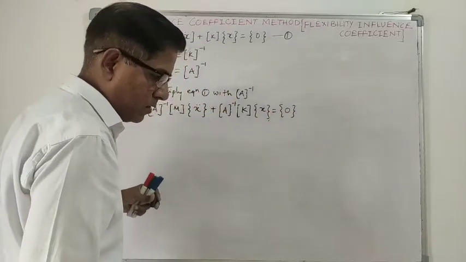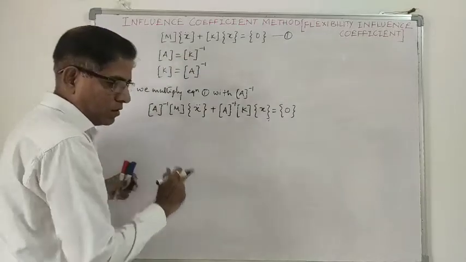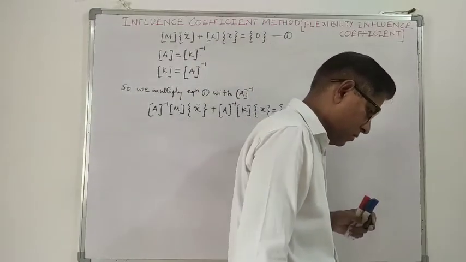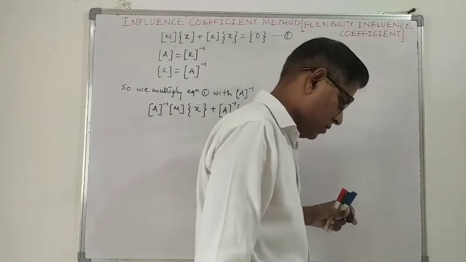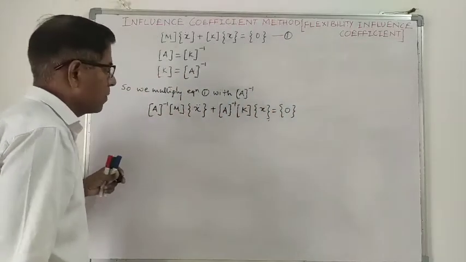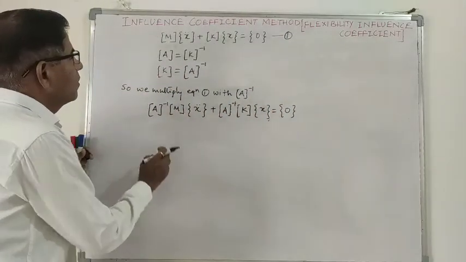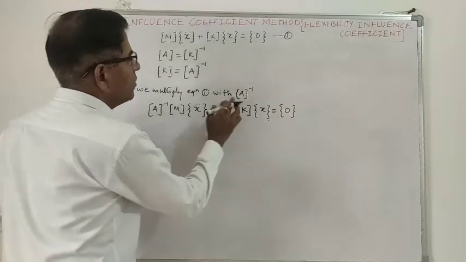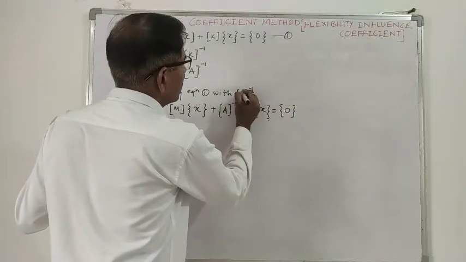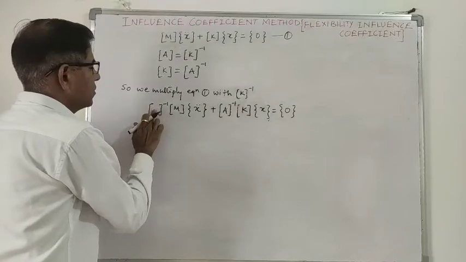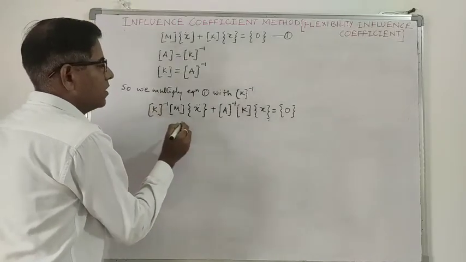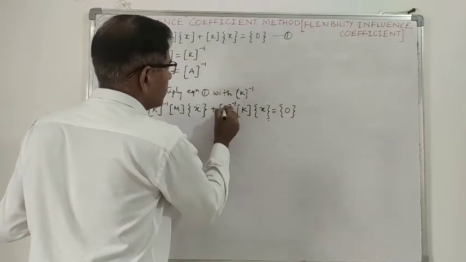Okay. Now here instead of multiplying with A inverse, it is K inverse.